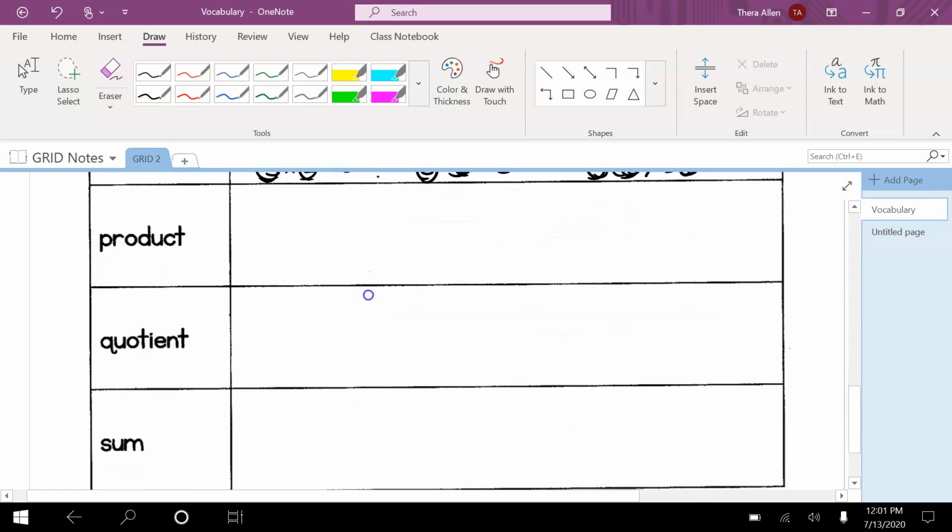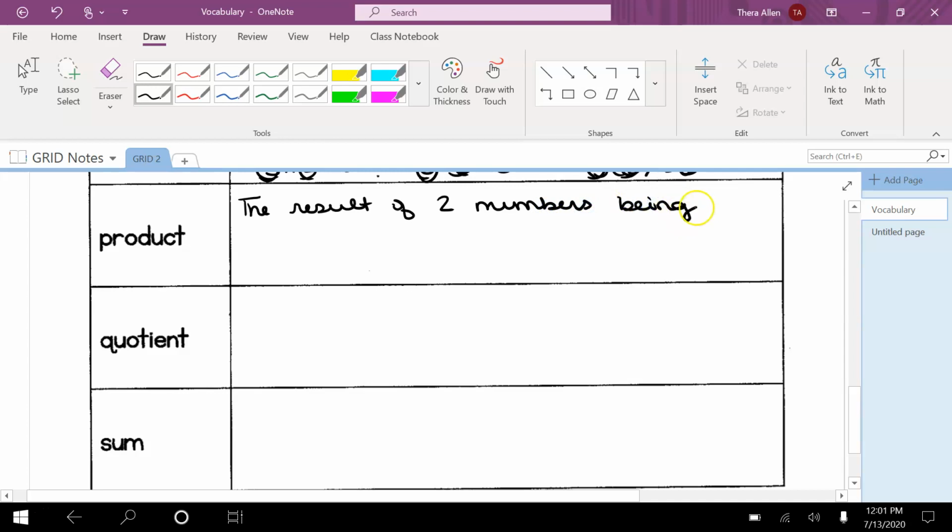Now, a few more. Product: the result of two numbers being multiplied together.